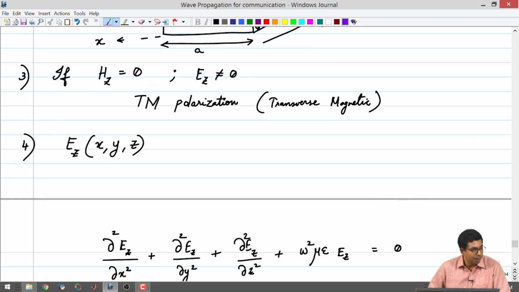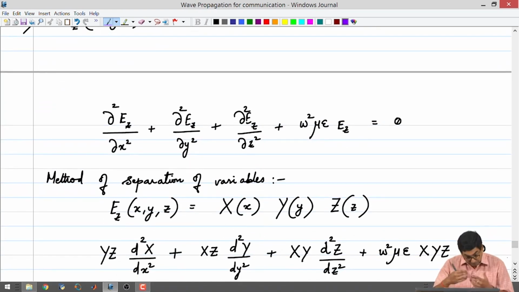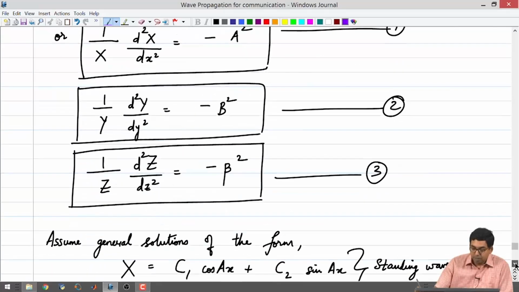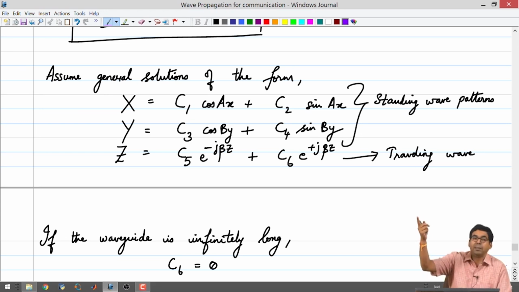So, one of the things that we already know and are using from prior knowledge is that we have to choose the form of the solutions which will satisfy the boundary conditions. That is what we have to see. In this case, we already know from the parallel plate configuration that there has to be a standing wave pattern in this direction, a standing wave pattern in this direction, and along the length of the waveguide there has to be a travelling wave.